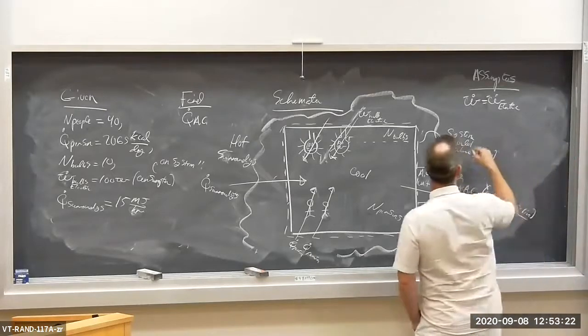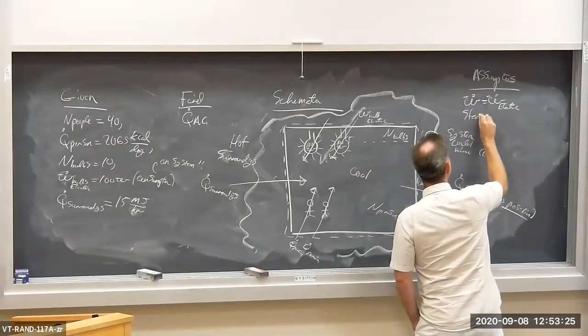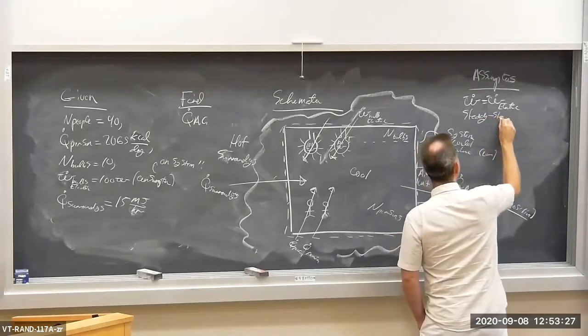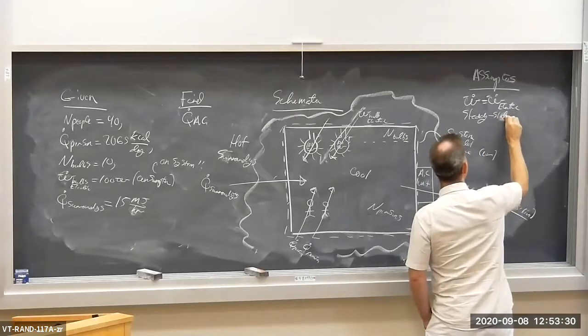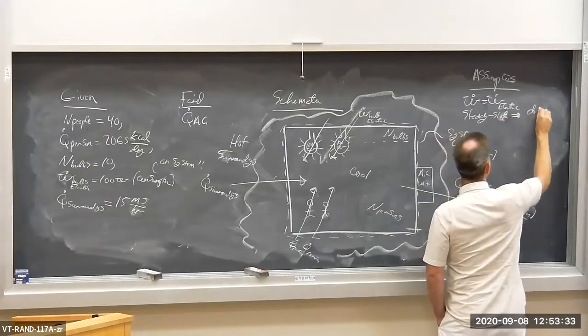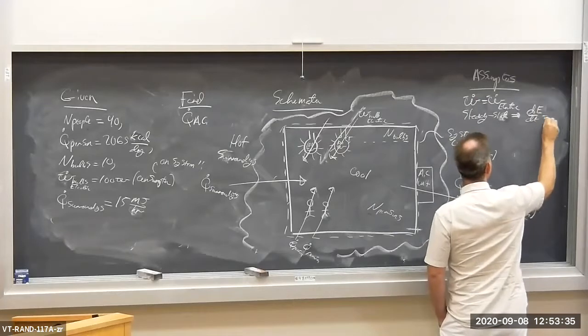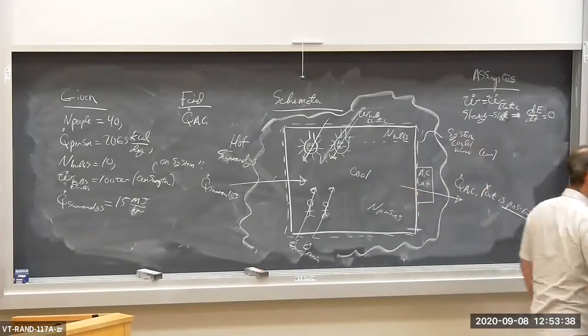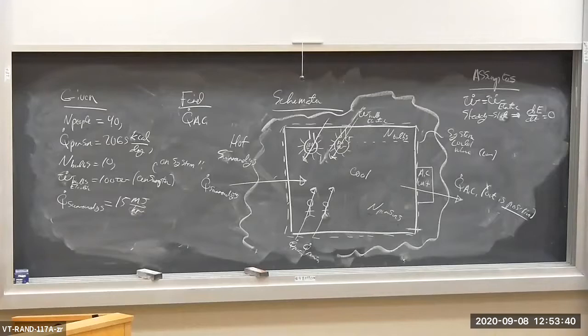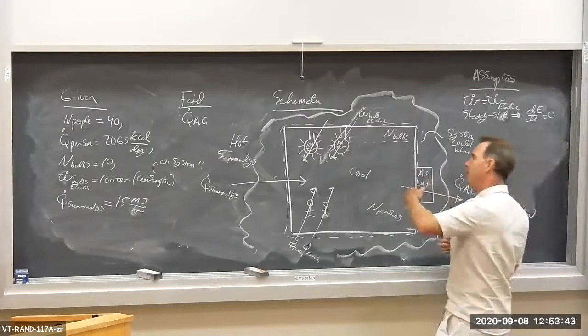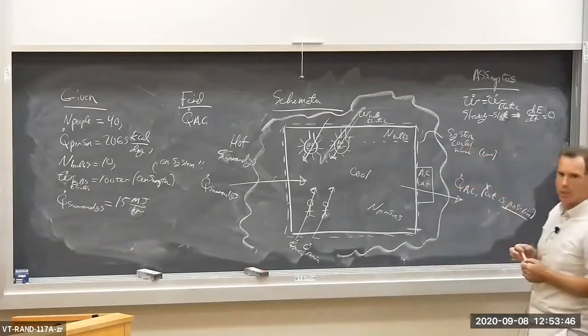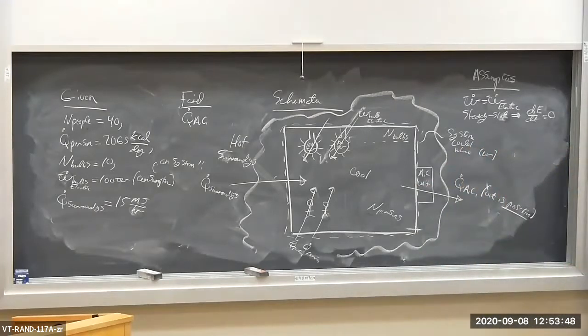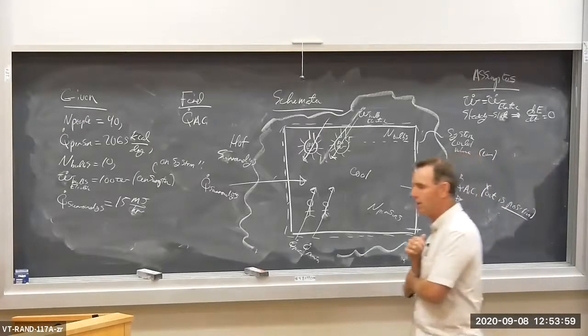So I'm going to write up here steady state. And what that means is dE dt, the time rate of change of energy within the room, is 0. The energy doesn't change in the room. So what flows in has to flow out in terms of energy. What's transferred in the form of heat and work must be transferred out in the form of heat, let's say, Q dot AC, all right? So steady state, dE dt is equal to 0.